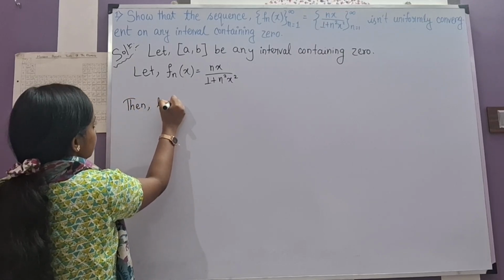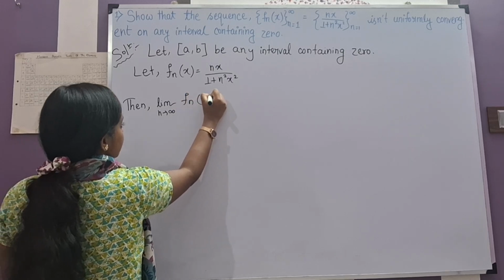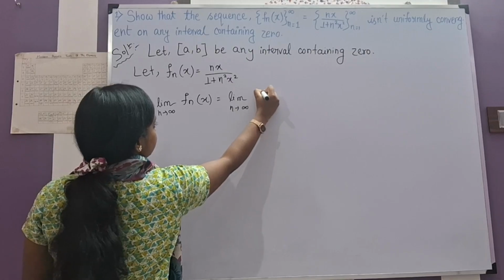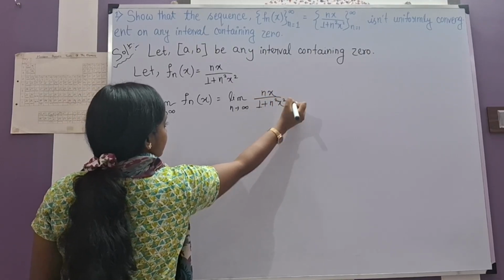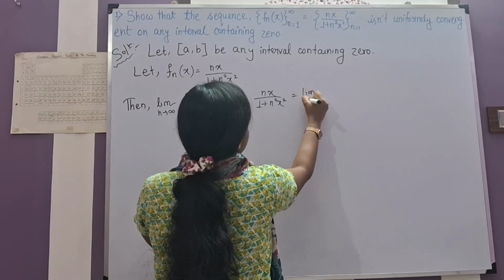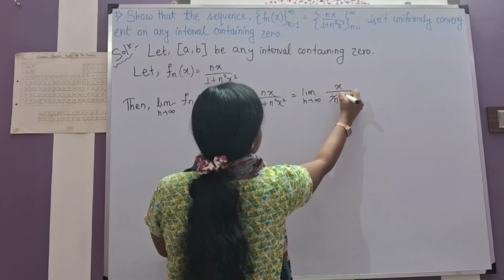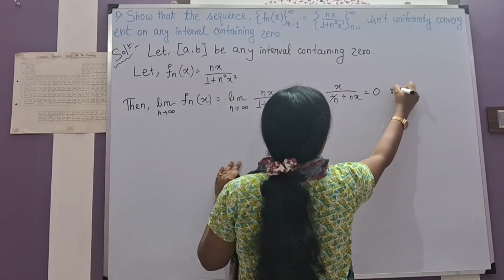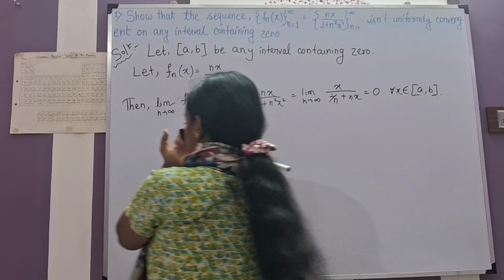Then limit n tending to infinity fn(x) equal to limit n tending to infinity nx by 1 plus n squared x squared, equal to limit n tending to infinity x by (1/n plus nx) equal to 0 for all x belonging to the closed interval [a, b].